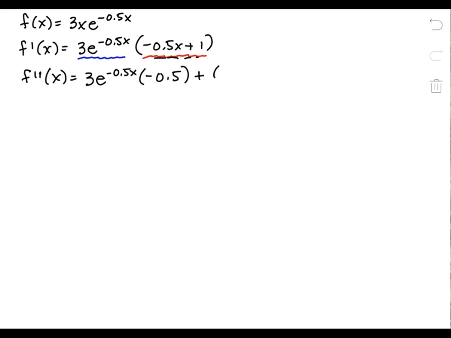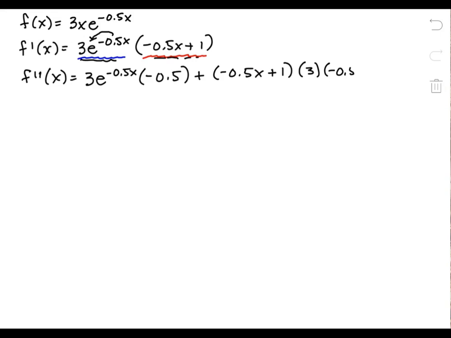Plus, now I leave the second factor alone, and I do the derivative of the first. So for the derivative of this first piece, I'm going to move the derivative of my exponent on e out front with that 3. And you can multiply them together. I'm just going to leave them separate right now.